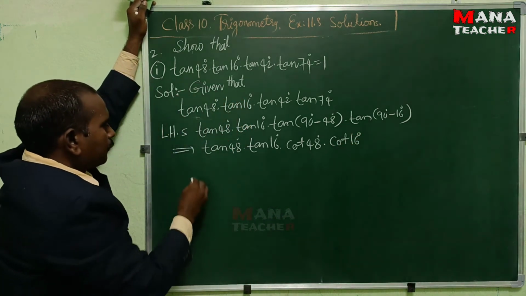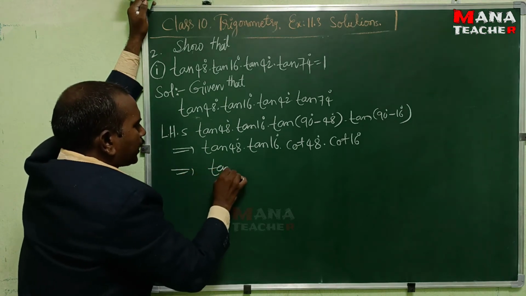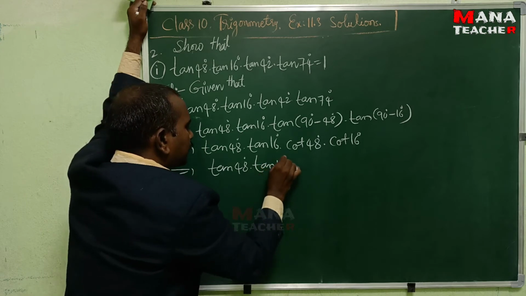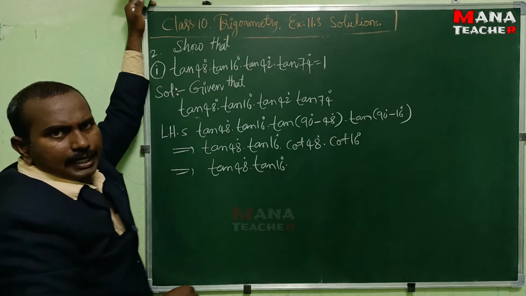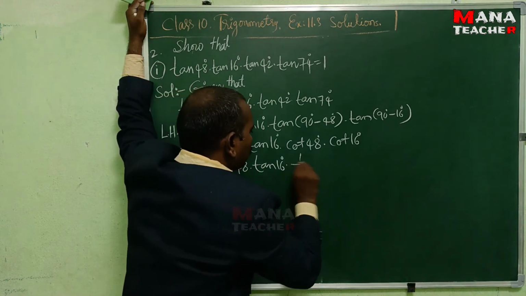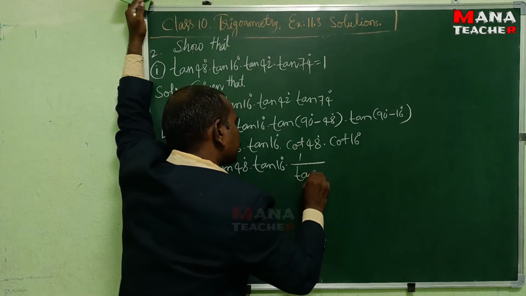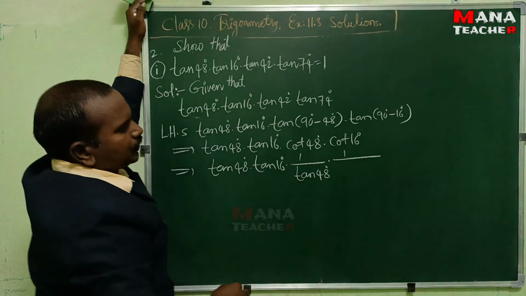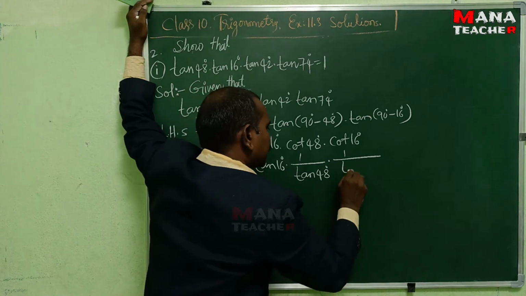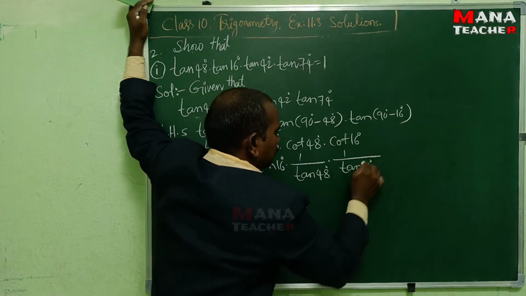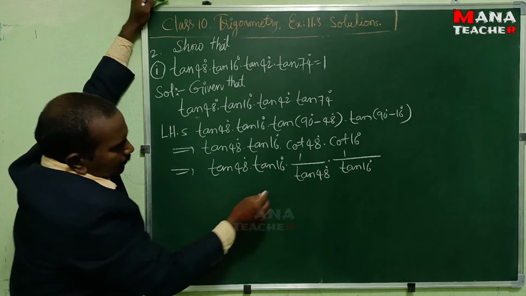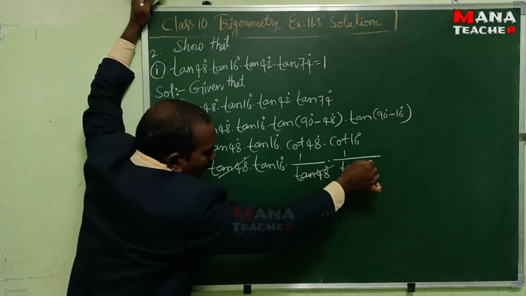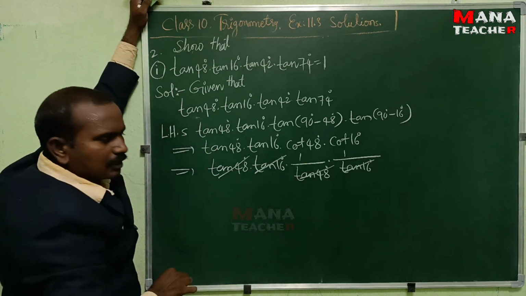Now tan 48, tan 16 degree, cot 48 write in the form of 1 by tan 48 degree, and cot 16 also write as 1 by tan 16. Here tan 48 will be cancelled, here tan 16 will be cancelled.